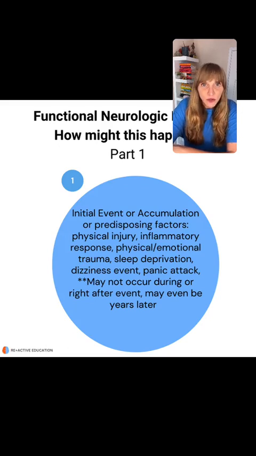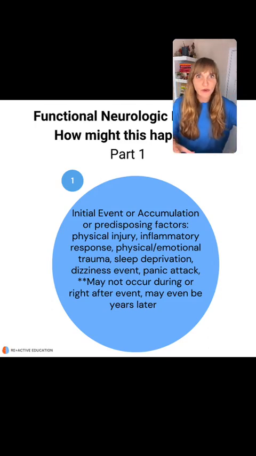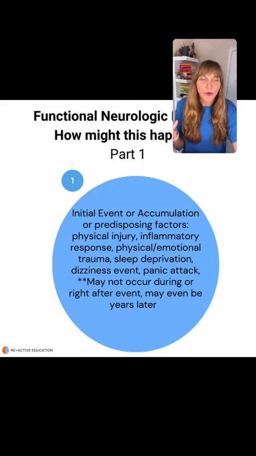So it could be a physical injury, like Oliver Sacks. It could be an inflammatory response that has occurred with maybe a virus or something like that. It could be a physical or emotional trauma, car accident, concussion. It could be sleep deprivation. It could be a dizziness event. It could be a panic attack.